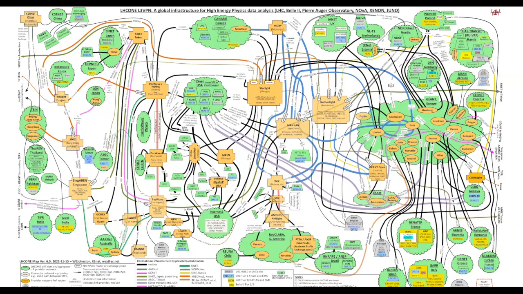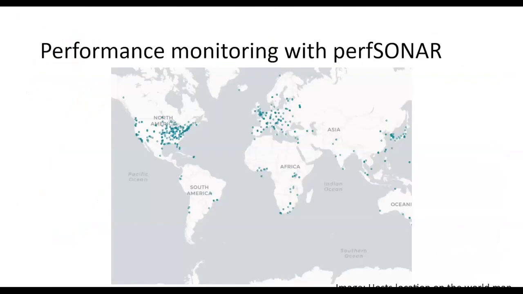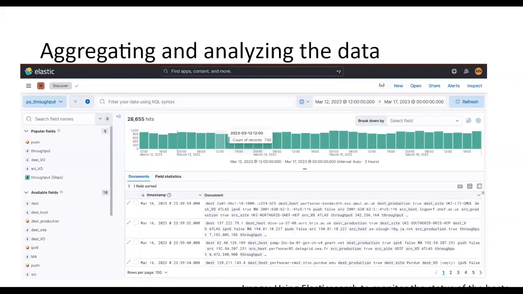So to identify these problems, a device was created called PerfSonar, which is installed on every site and measures its performance throughout time and stores it later in a platform called Elasticsearch.